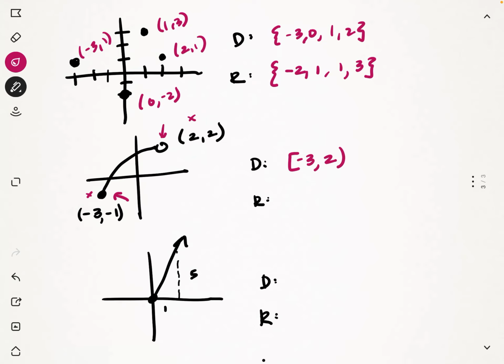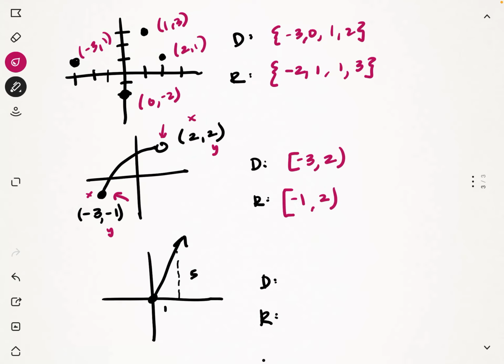Here our ranges are y's. So the smallest number we have is -1. Again, that point is shaded in, so it's included. And then the largest y we have is 2, not included. So that's a parentheses. So this one probably easier to do interval notation again.